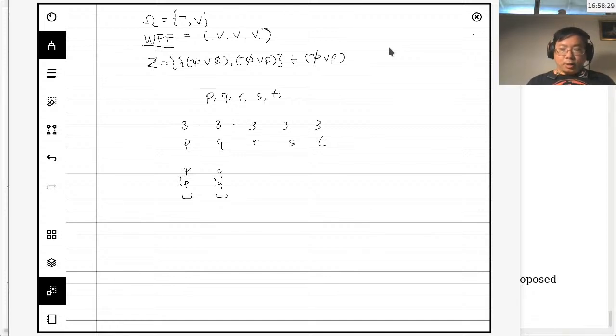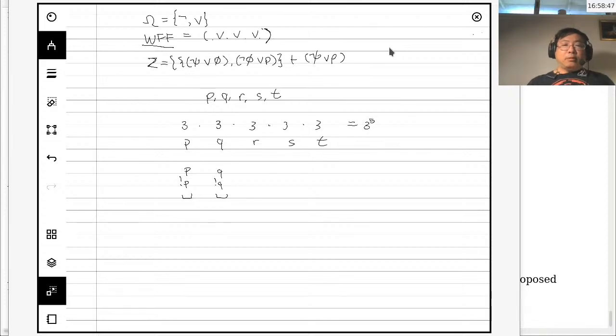So when you multiply all of these, then you have a finite number. This becomes an upper bound of the number of expressions you can make based on all the restrictions that we have. So this is basically 3 to the power of 5.